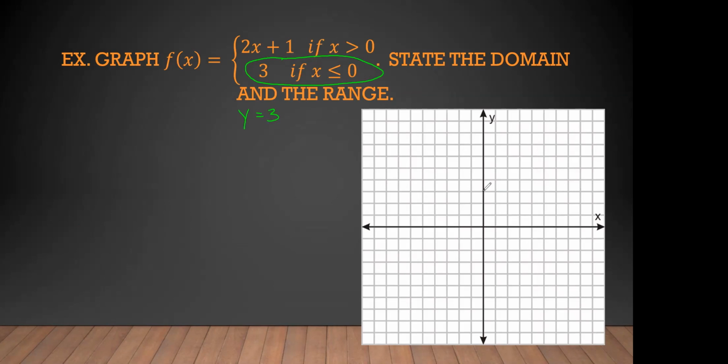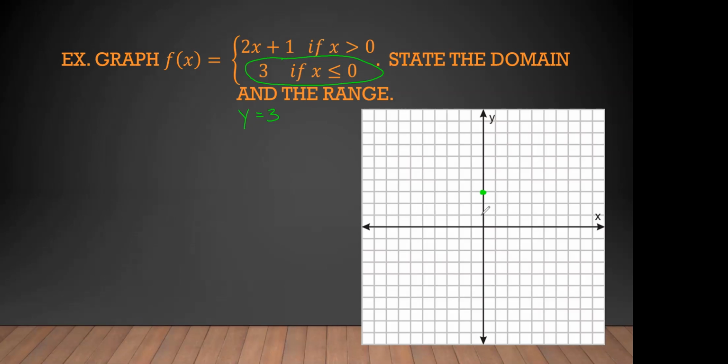So it's going to be a horizontal line, but it only wants it for x when it's less than or equal to 0, okay? So when x is 0, here, we would put a circle here, and this is going to be a closed circle because it says less than or equal to 0.